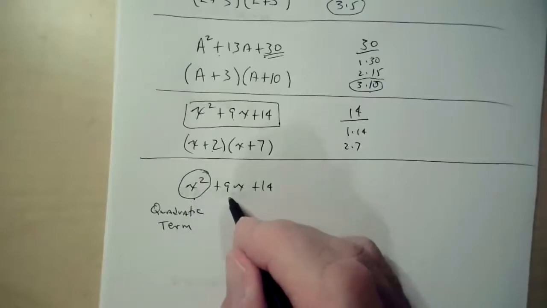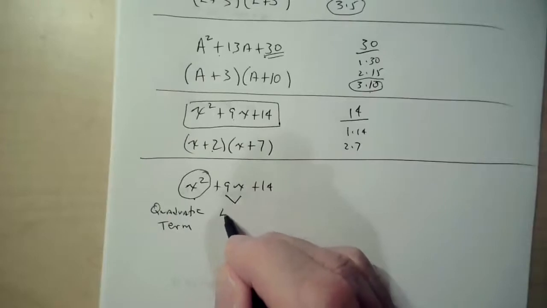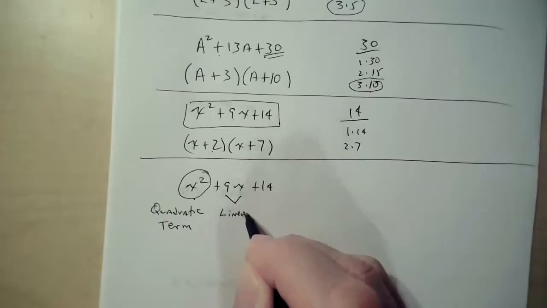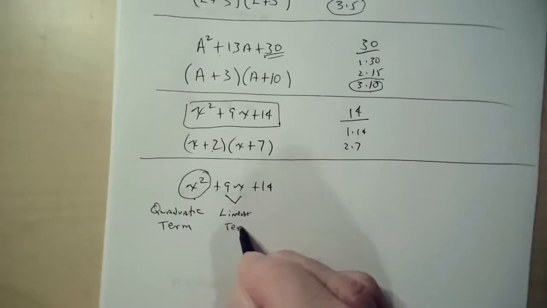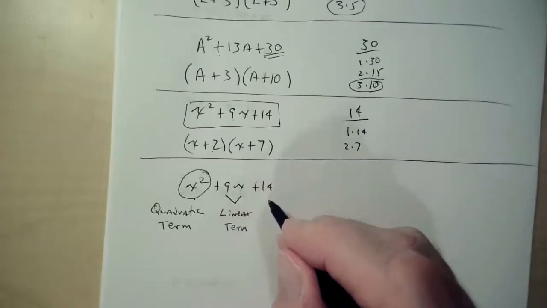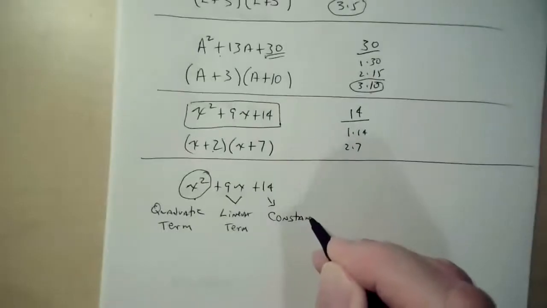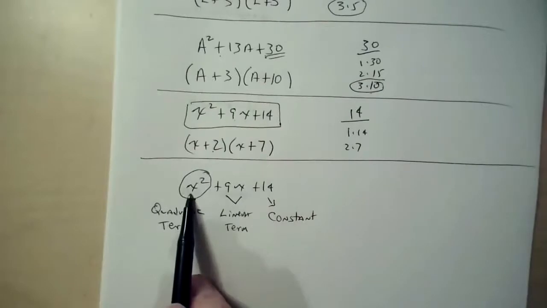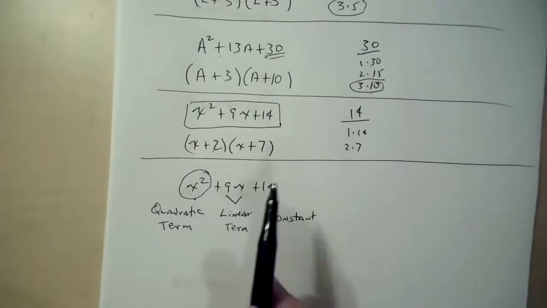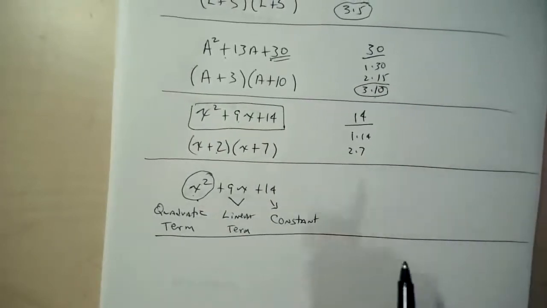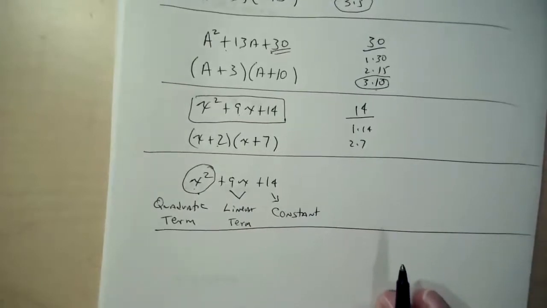This one's called the linear term. And this one is the constant. Quadratic term, linear term, constant. Not super important, but you are going to see these terms from time to time.